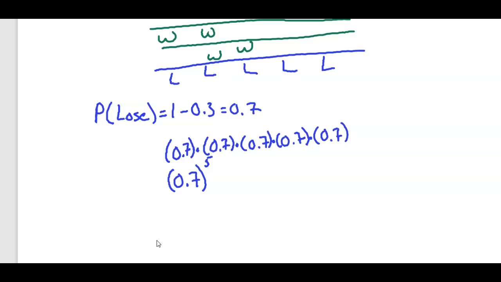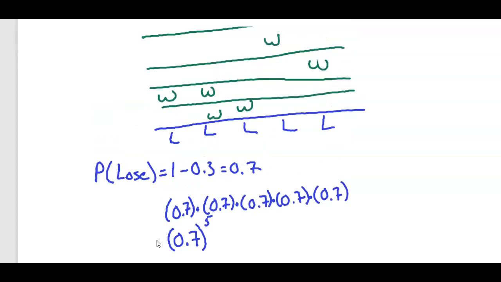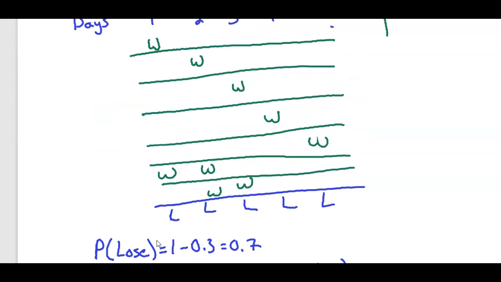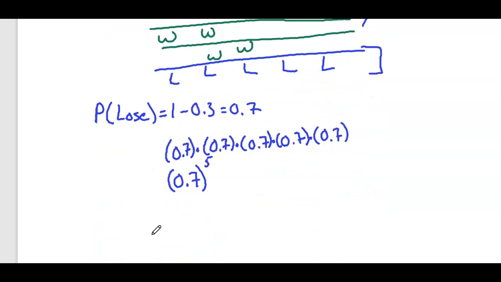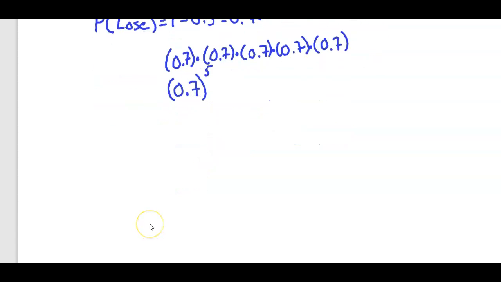Well, technically we don't want this number. We actually want everything else except this. So what we're going to do is 1 minus this value.